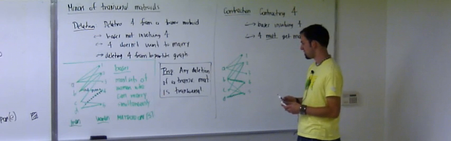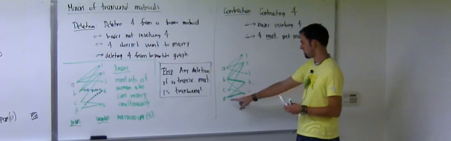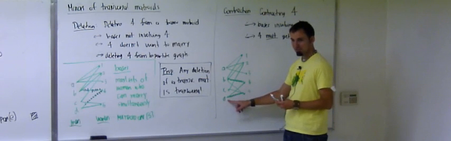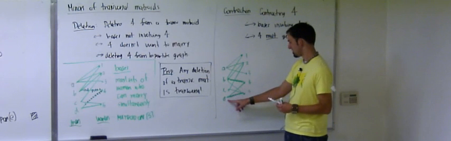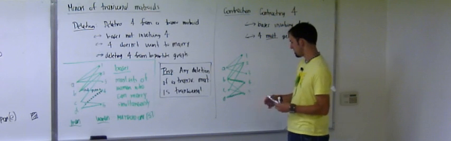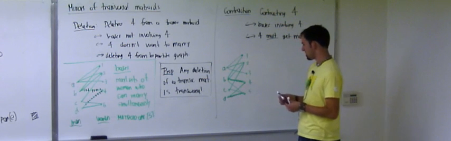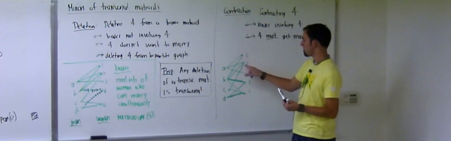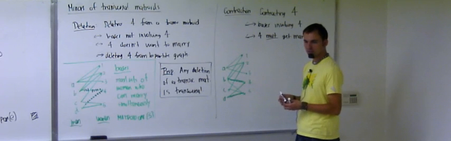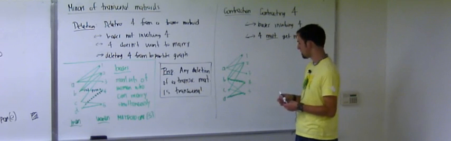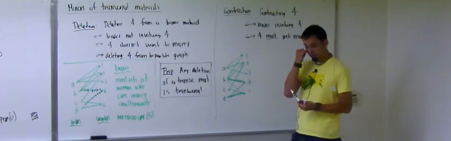If 4 marries D, then B has to marry 1 or 2. If 4 marries B, then D has to marry 5, right?